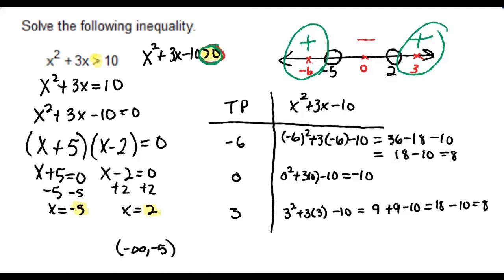I used a parenthesis on the negative 5 to show that negative 5 is not included in the set. And then the rightmost interval is 2 to infinity. So the solution set for the inequality x squared plus 3x is greater than 10 is negative infinity to negative 5 union with 2 to infinity.